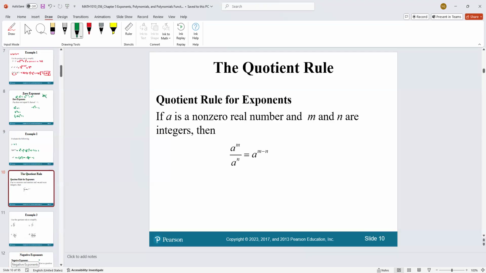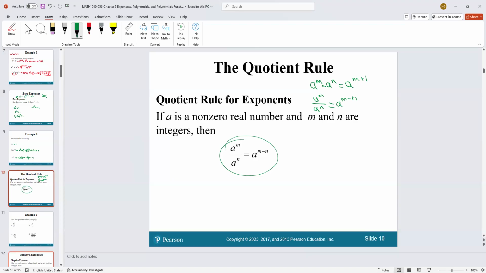So if a is a non-zero real number and m and n are integers, remember a cannot be zero, now we can subtract the exponents. Remember, in multiplication, a power m times a power n, you add the exponents and keep the base. But if you have a power m over a power n, the first thing you double check is the bases. The bases are the same, the exponents are different. We're going to just subtract the exponents.